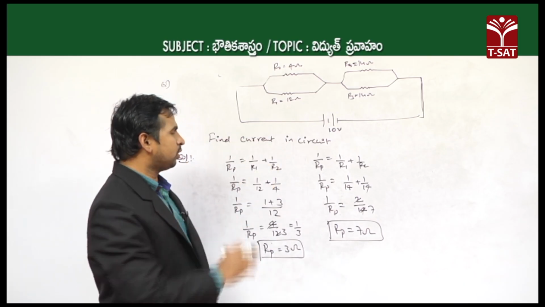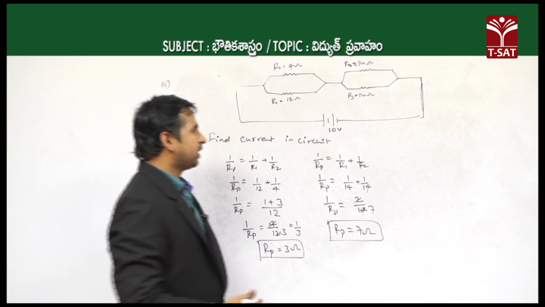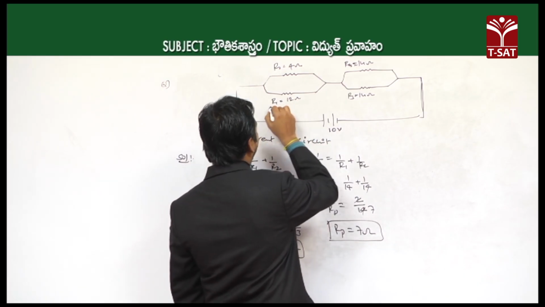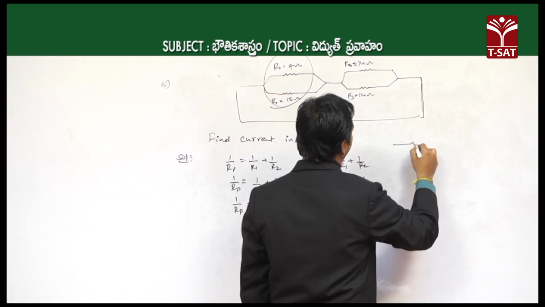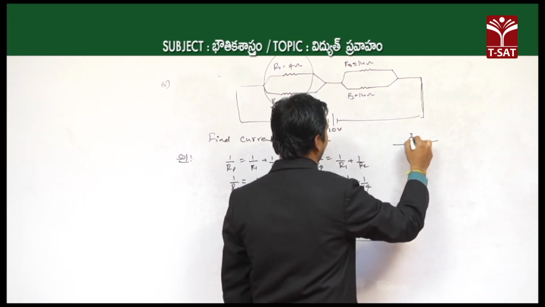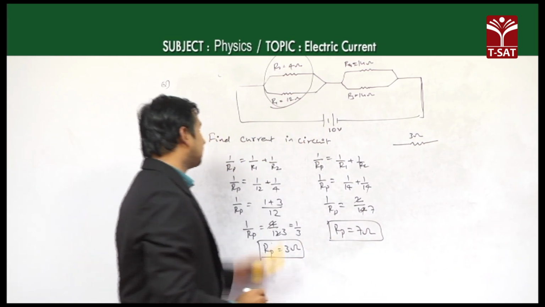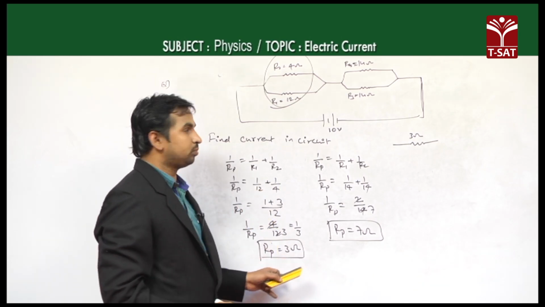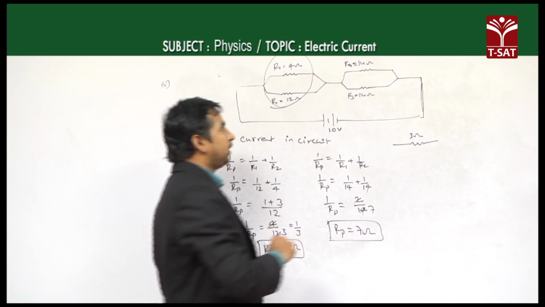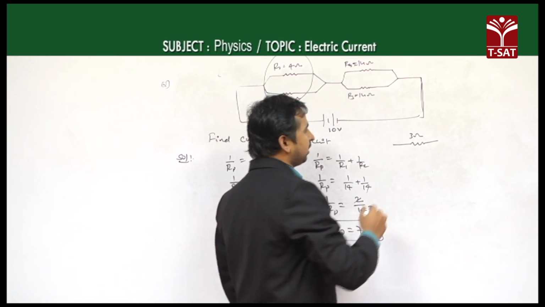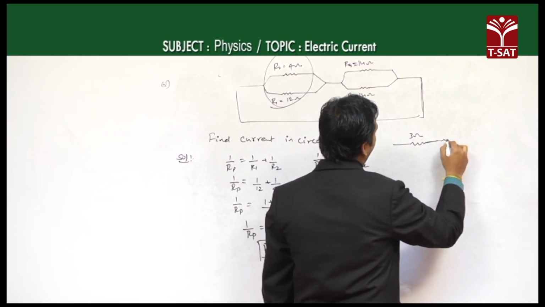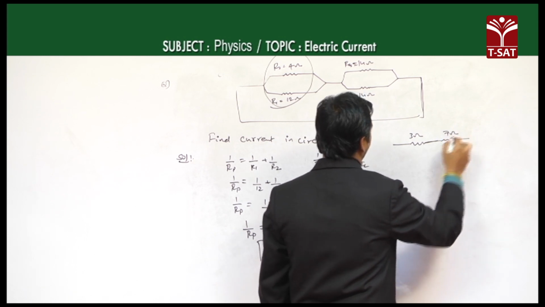So the same circuit diagram can be redrawn by substituting R1 and R2 with a single 3 ohms resistance, because in the first case we got only 3 ohms. In the second case, where R3 is 14 and R4 is also 14, arranging them in parallel gives 7 ohms.